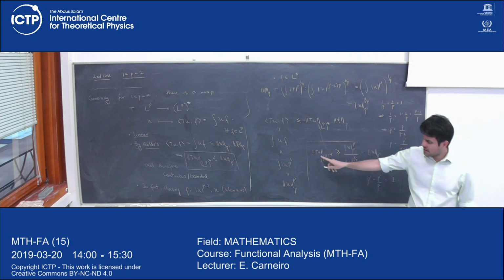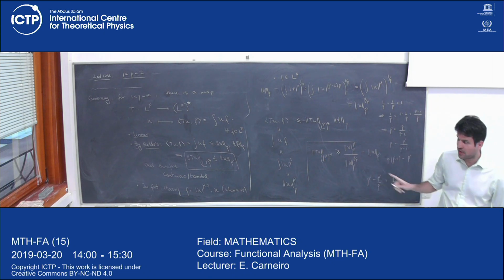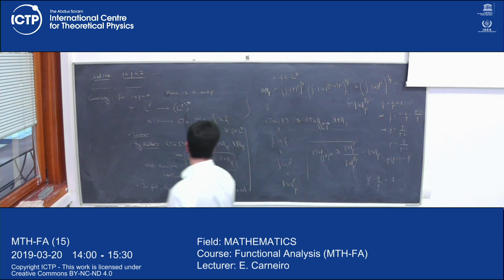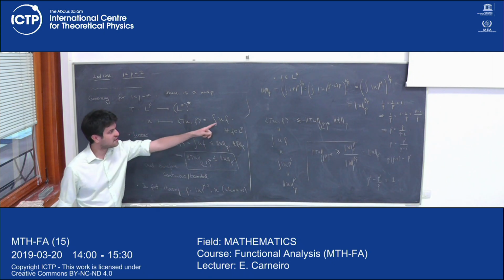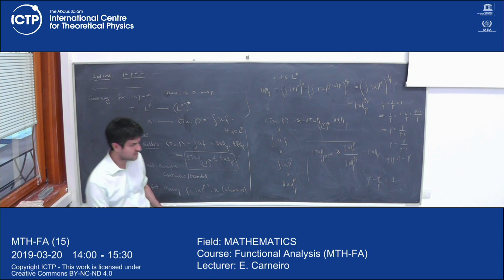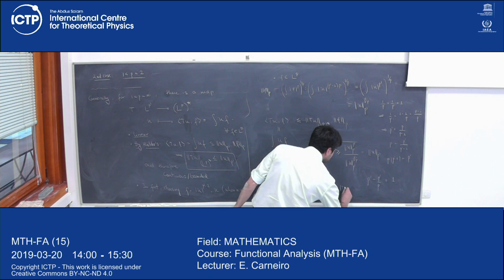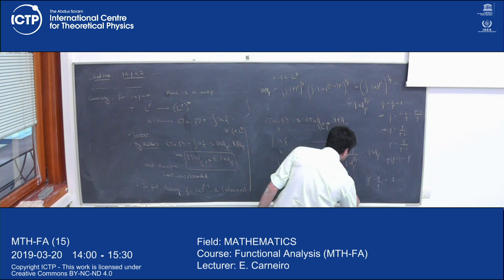So I proved that the norm of T(u) in L^p dual is bigger or equal than the norm of u in L^p prime, just the reverse inequality, by applying a very well chosen f. So the conclusion is that we have an equality. This operator is actually an isometry.